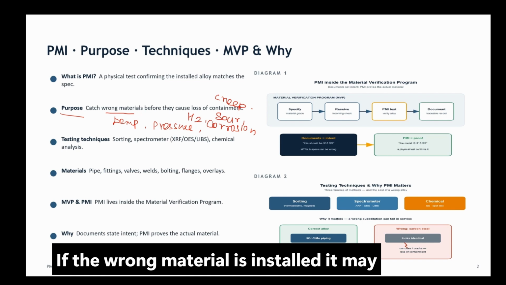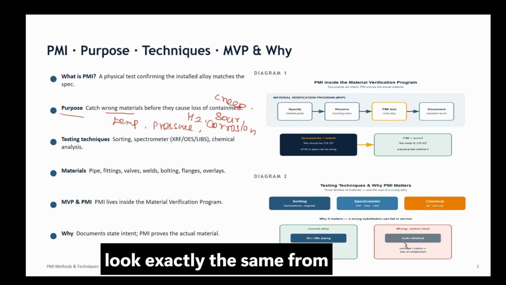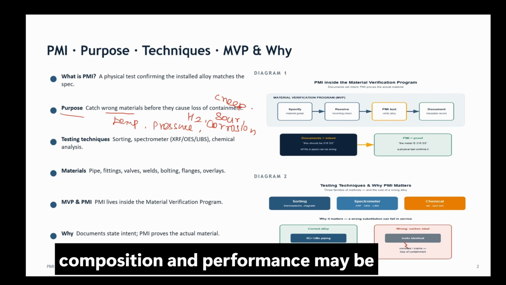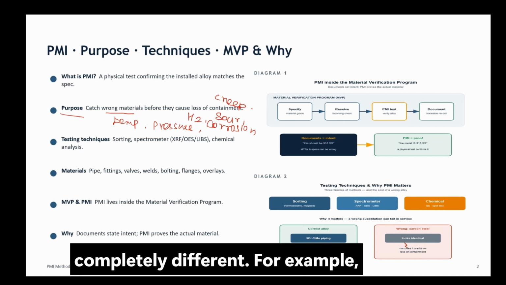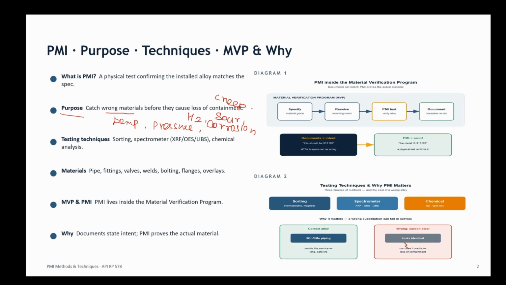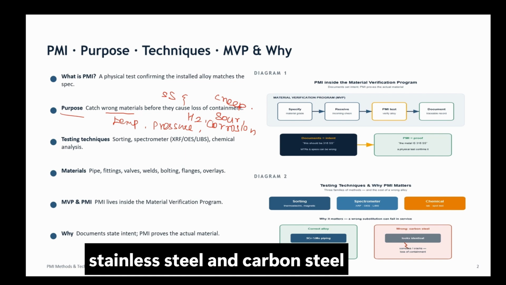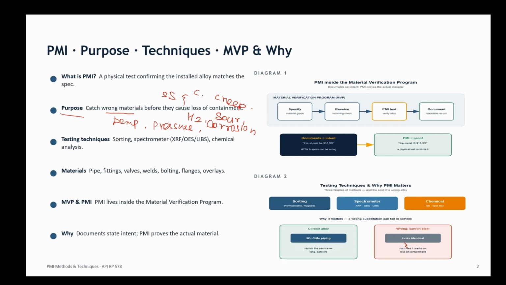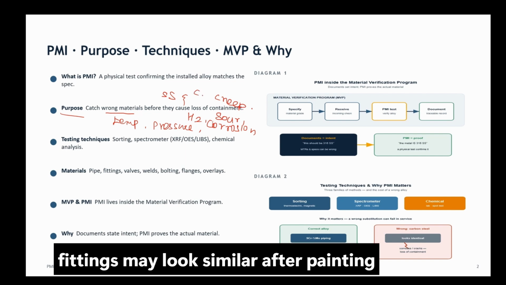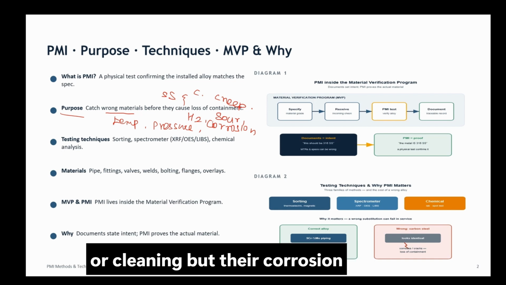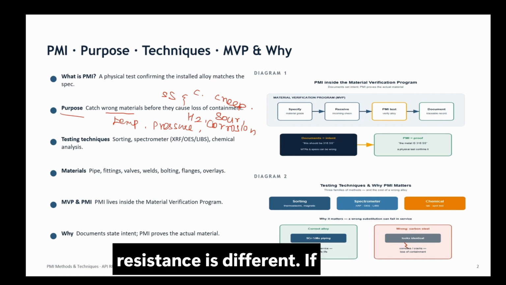If the wrong material is installed, it may look exactly the same from outside, but its chemical composition and performance may be completely different. For example, stainless steel and carbon steel fittings may look similar after painting or cleaning, but their corrosion resistance is different.